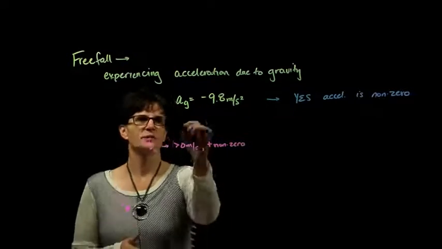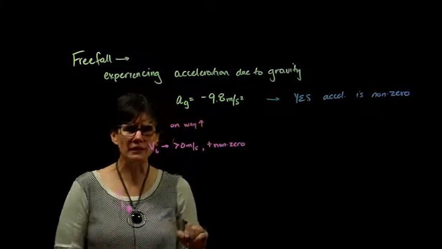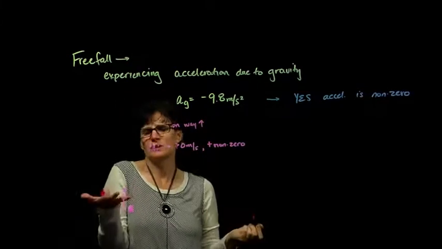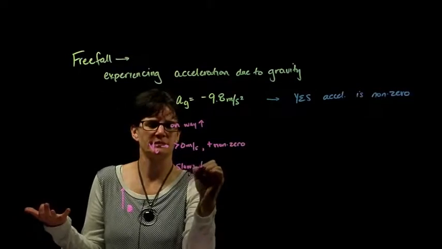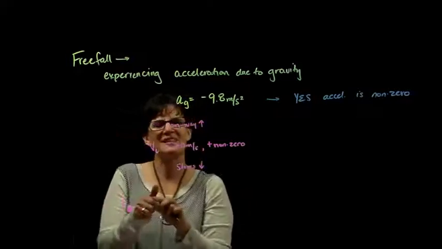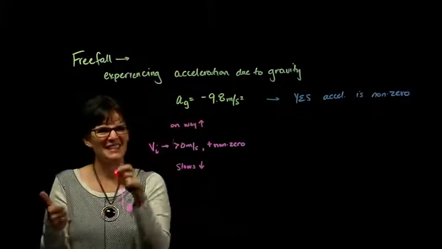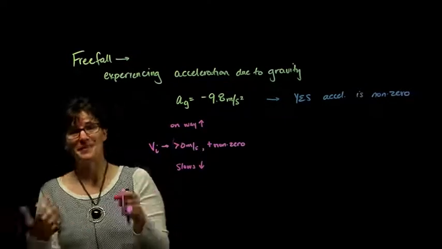Okay, well, this is sort of on the way up, keeping in mind. All right, so as it moves up, what does it do? Well, it slows down, which means the velocity is getting smaller and smaller and smaller. If the velocity is in the positive direction, and it's getting tinier and tinier, the acceleration has to be opposite the velocity.